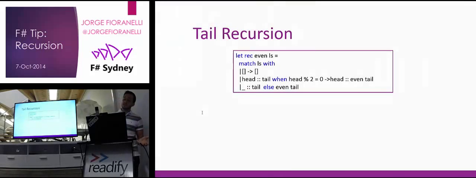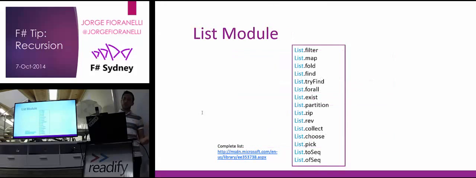So now that you have learned how to use recursion, the truth is that you won't use it very often. Because especially for lists, you have a lot of functions that are part of the list module that will make your life easier most of the time. So if you want to do what we just did here, you will actually use the filter function, which will give you a new list with that function applied.